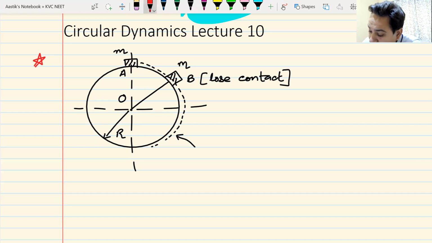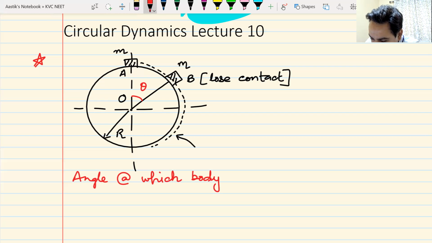What are we supposed to understand from here is at what angle will it lose contact? It will lose contact at some point. At what angle does it lose contact? So remember, the angle at which the body loses contact, what is that angle?